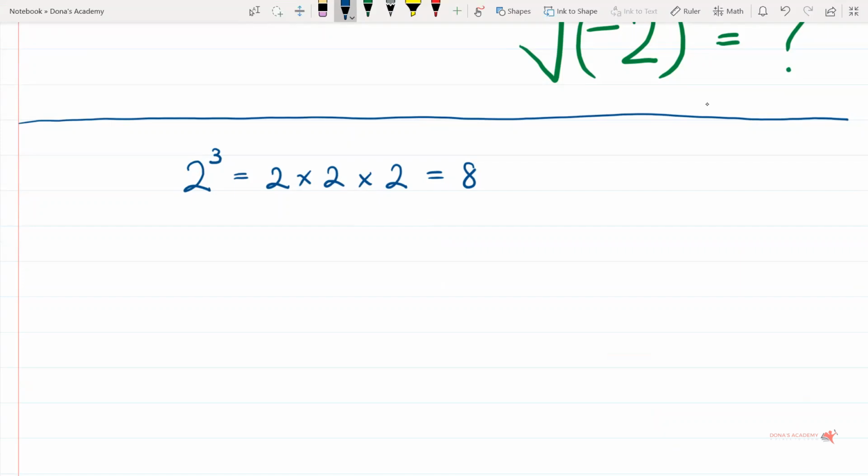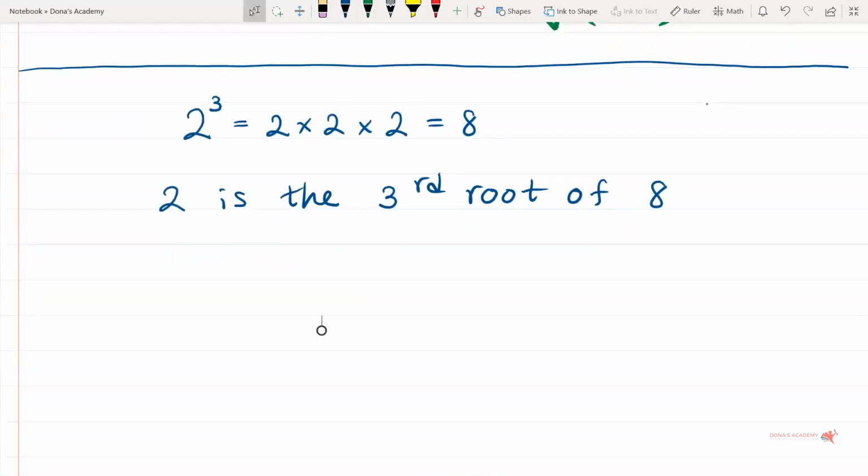That means if you go back and think about the reverse operations, then 2 is the cube root, or let's say third root, of 8. And we denote this by this notation. We write 8 and we write a square root type symbol.